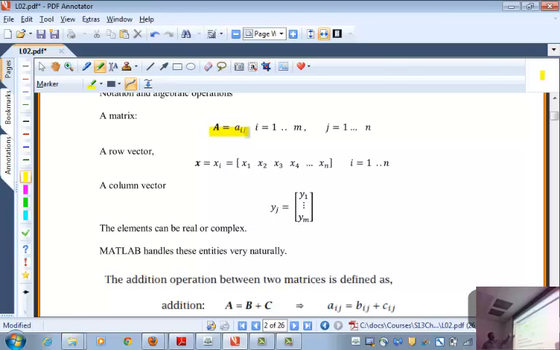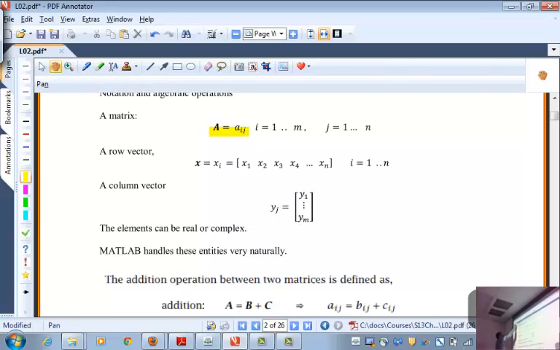The i and j will range from 1 to M and 1 to N, for example, for a rectangular matrix. Similarly, a row vector X is represented as Xi, i going from 1 to N, and Yj as an example of a column vector. MATLAB has all these tools readily available for us to natively, intuitively construct such matrices and vectors and deal with operations on them.